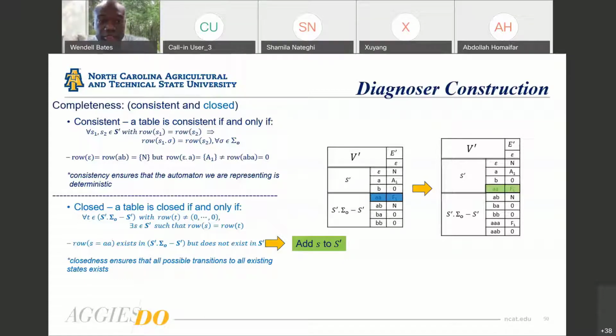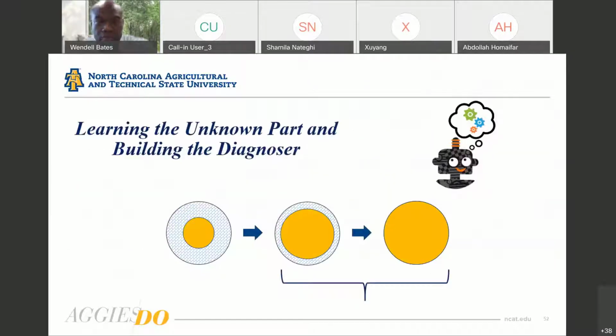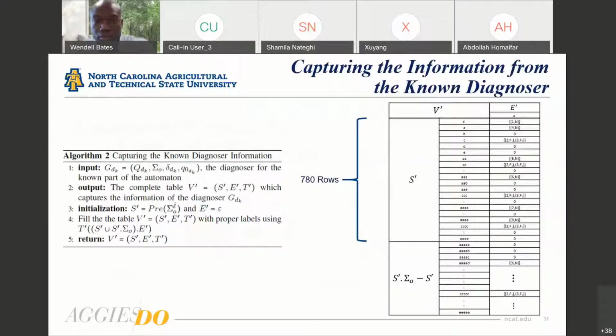And so closeness ensures that all possible transitions to all existing states exist. And so once we capture the information, we then begin to fill the table. Because the table is so huge, this one in S prime alone creates 780 rows. I will go over reduction in a second.